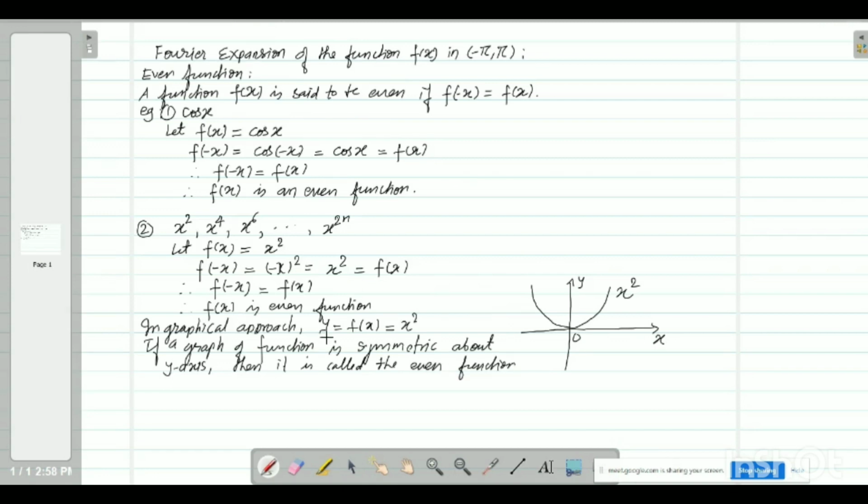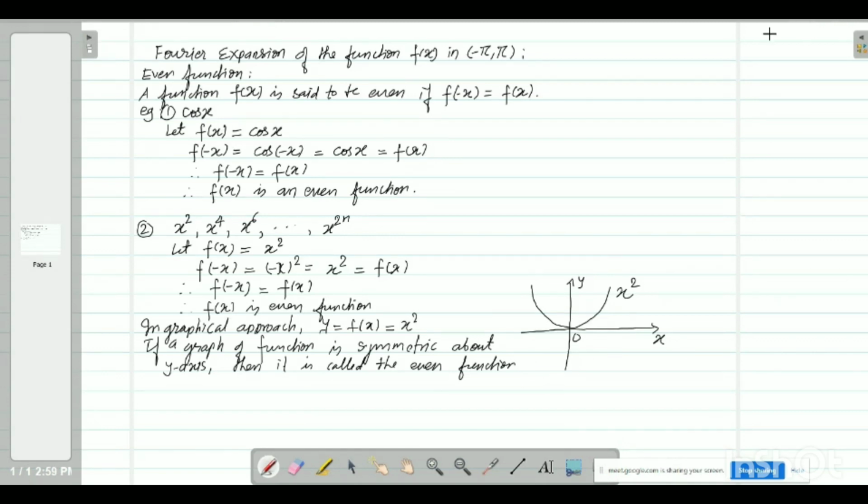Okay, similarly you can find this function, x raised to 4, is also an even function by using this formula. Just replace x by minus x, you can obtain f of x. So f of minus x is equal to f of x. So this shows that the function is an even function. Similarly this function and so on. Or you can just draw and see whether the function is symmetric about the y-axis or not. If so, then that is an even function. If not, then that is not an even function.